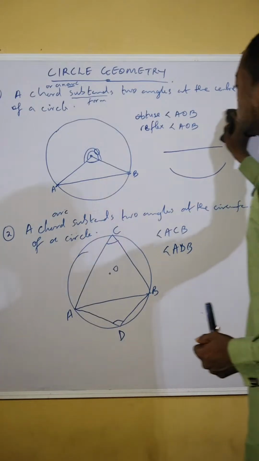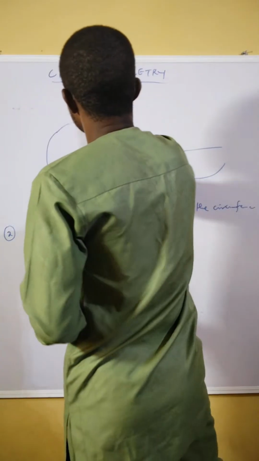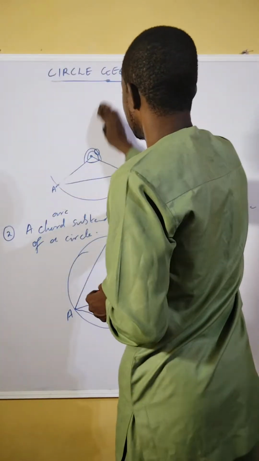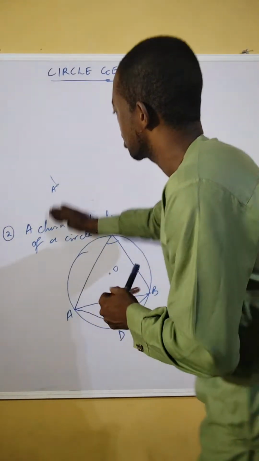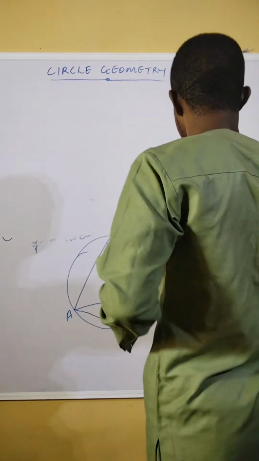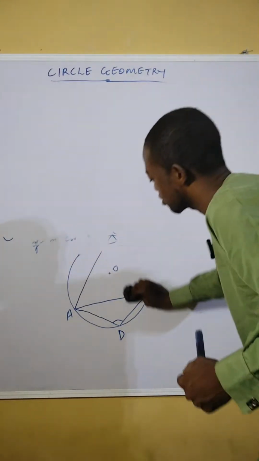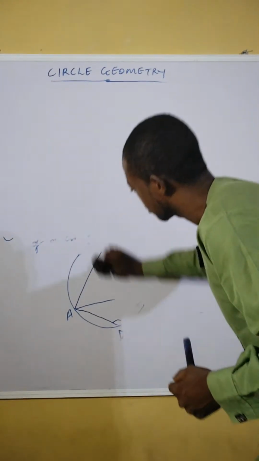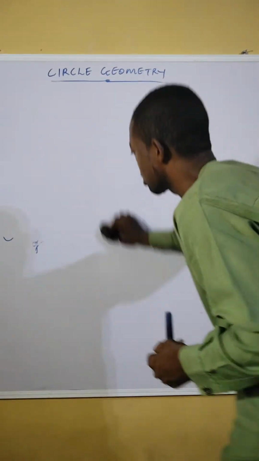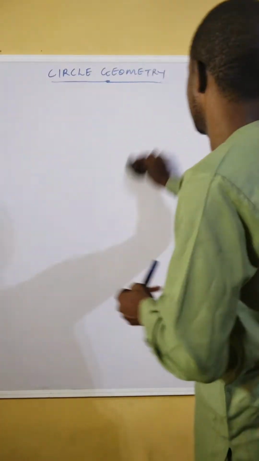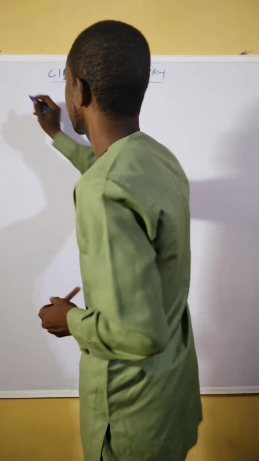And next, let's look at theorem number one. We have already proved that theorem in our previous classes. And again, you can still prove it again for better understanding. We label it as Theorem 1 here.